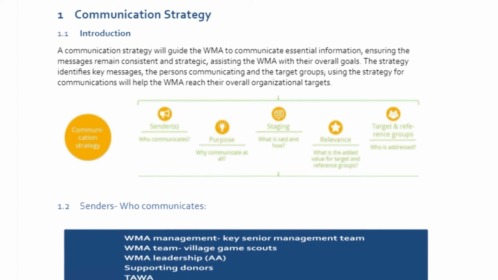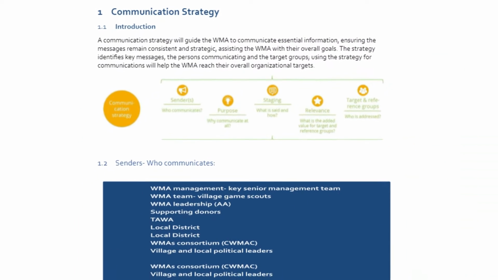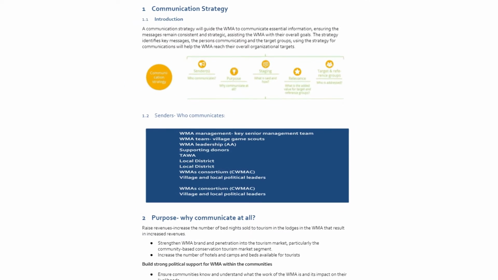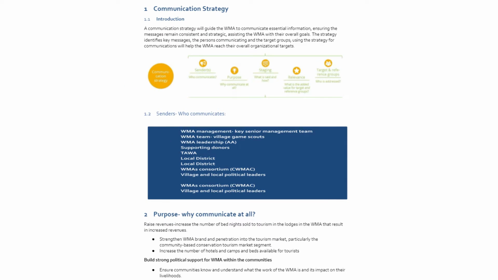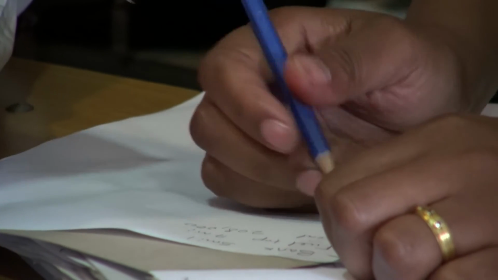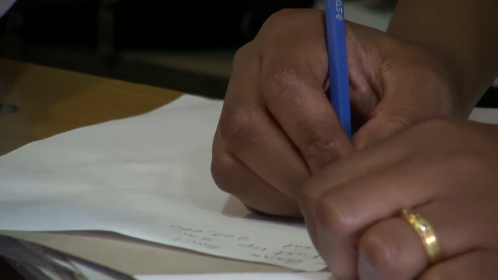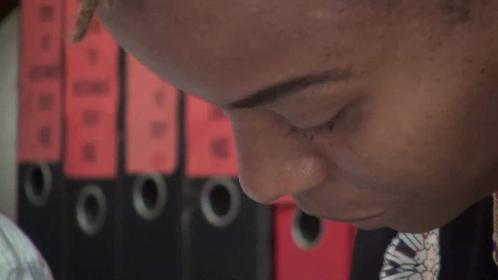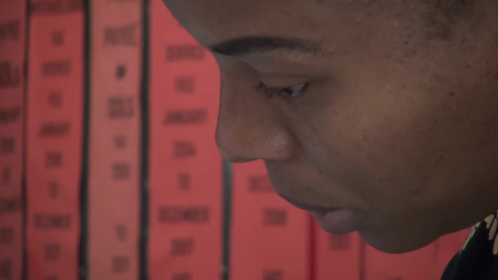The communication plan is a blueprint of the WMA communication goals and means on how to reach that goal. It is considered as a roadmap on how to reach the WMA communication goals. We also have a communication policy.